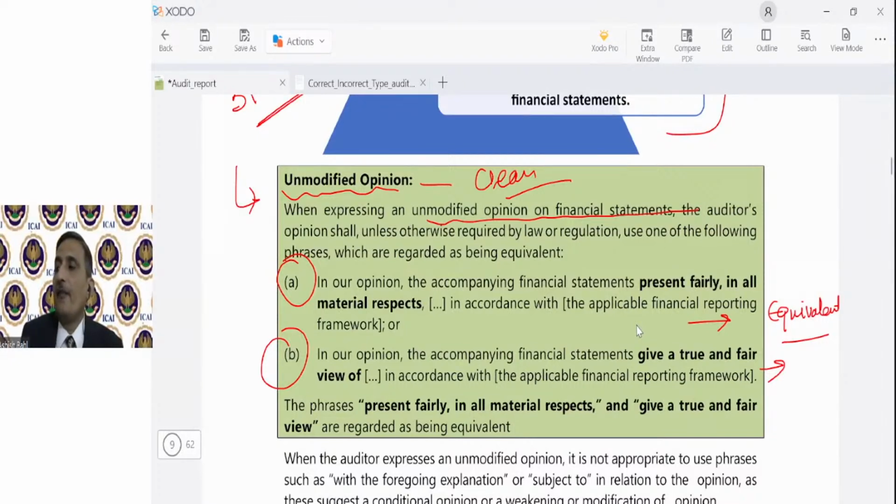Either he can say, in our opinion, the accompanying financial statements present fairly in all material respects the state of affairs of the company in accordance with the applicable financial reporting framework. Or he can say, in our opinion, the accompanying financial statements give a true and fair view of the state of affairs of the company in accordance with the applicable financial reporting framework.